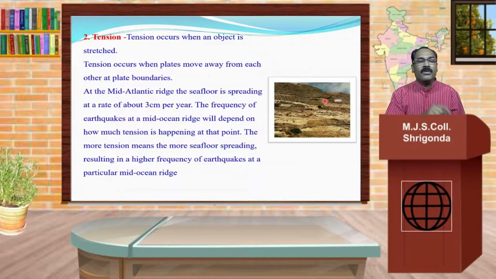The frequency of earthquakes at a mid-ocean ridge depends on how much tension is happening at that point. More tension means more seafloor spreading, resulting in a higher frequency of earthquakes at that particular mid-ocean ridge.